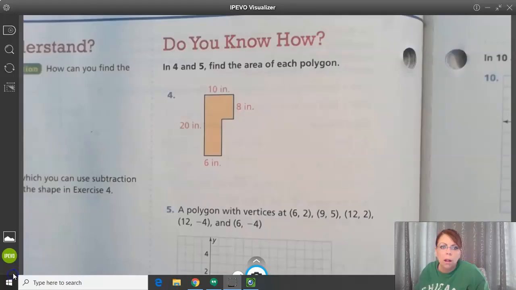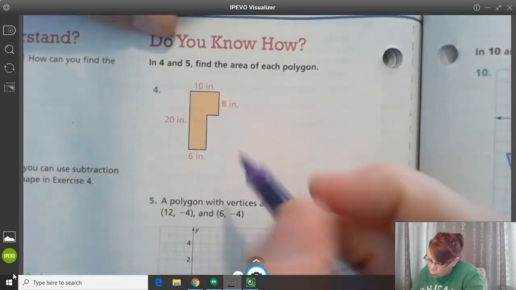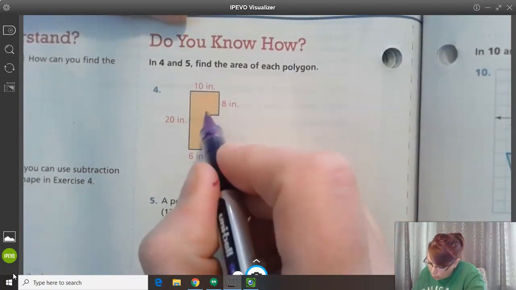All right, I am going to move over to the workbook. So I would like you guys to get your workbooks out and open up to page 408 and 409. Okay, hopefully everybody is into their workbook. You should be on page 408, and I'm going to do a couple of problems with you today just to help get you rolling with this and trying this out. So let's look at problem number 4. You have 2 options on how you want to divide this.